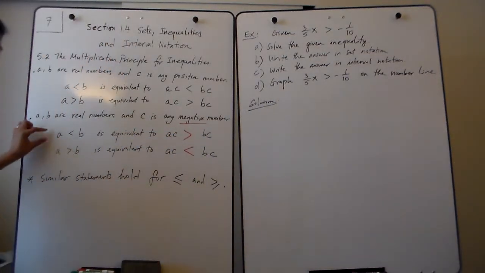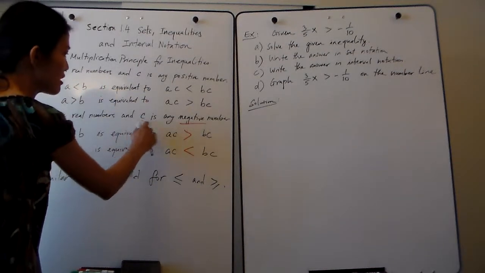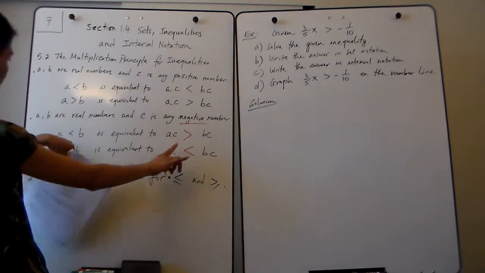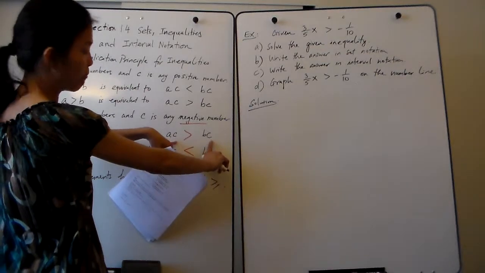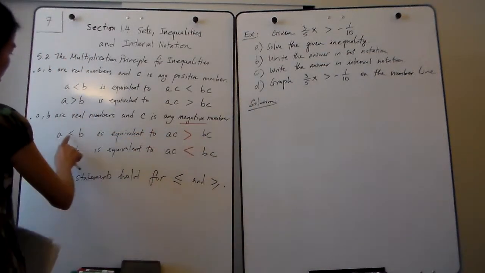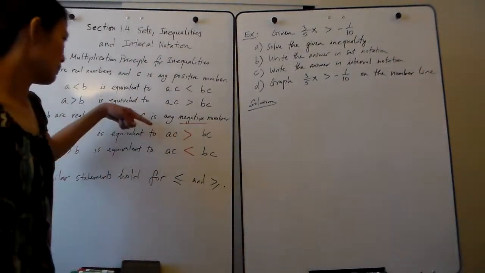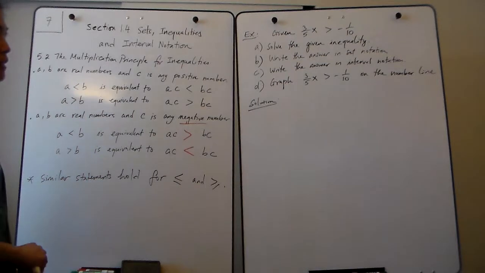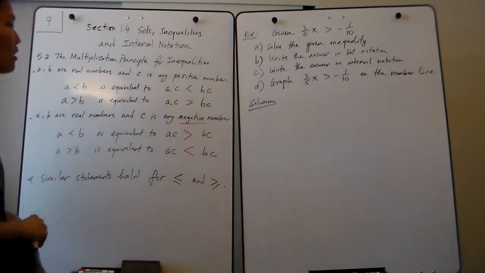Given the inequality A less than B, if you multiply a negative C on both sides, what happens? You need to reverse the original inequality to maintain an equivalent inequality.